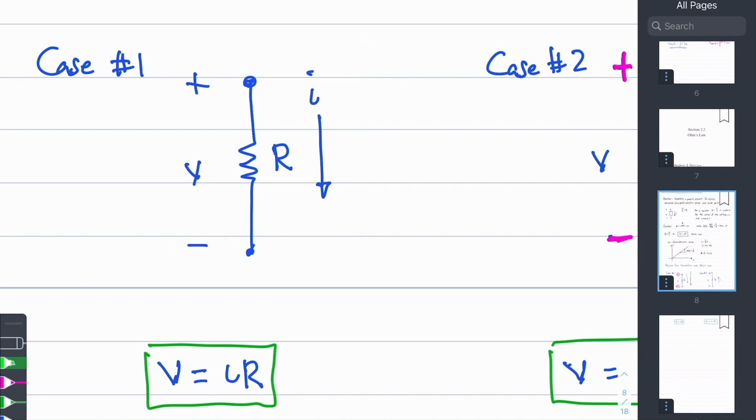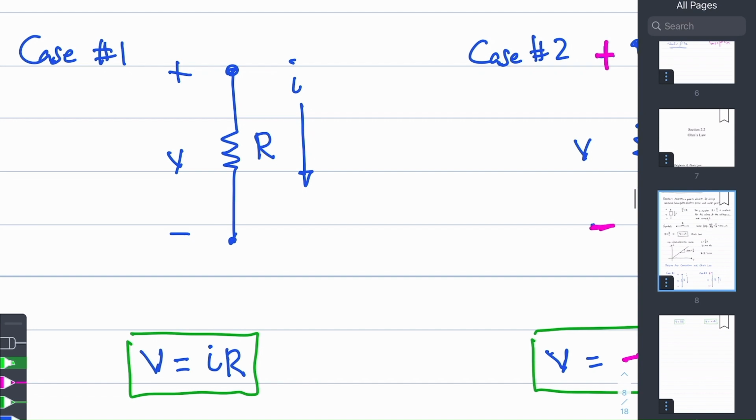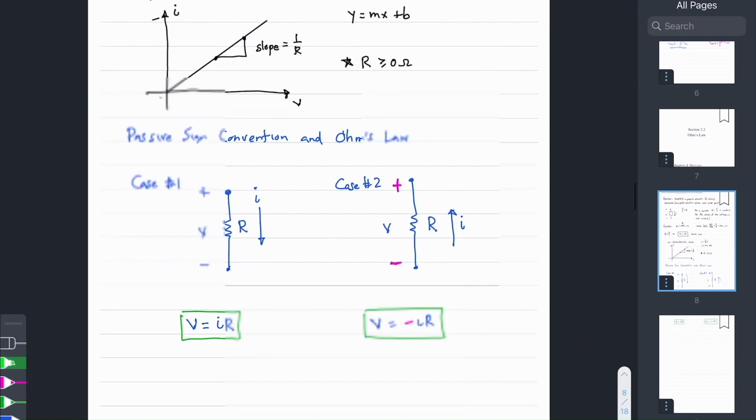So you see that the IR equation does not have a negative sign, it has a positive sign. That's the passive sign convention. We saw that.